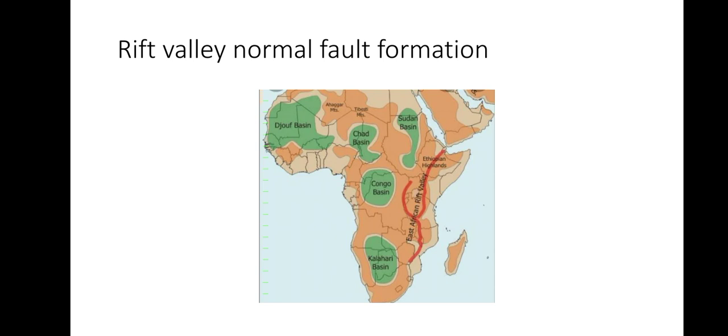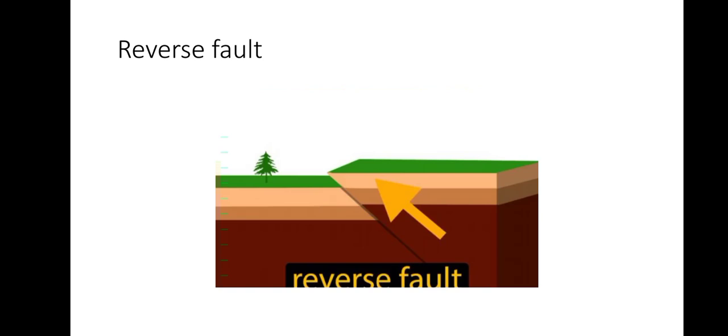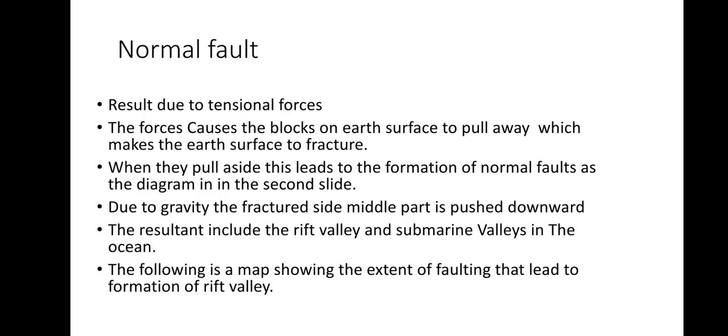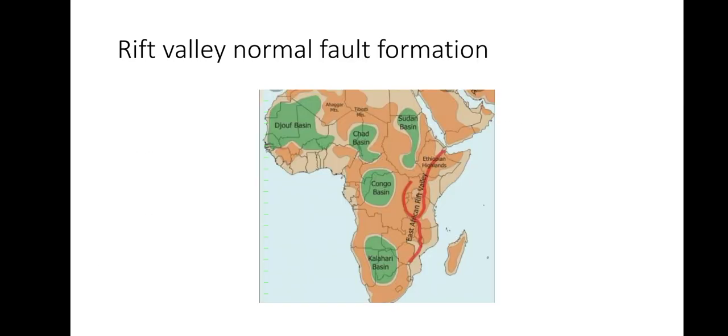That is the Eastern African Rift Valley, an example of what I'm saying. That is what I have to say under normal faults. We have to remember there is the Rift Valley and the submarine valleys. The submarine valleys are in the ocean, while the Rift Valley is found on the surface of the earth.